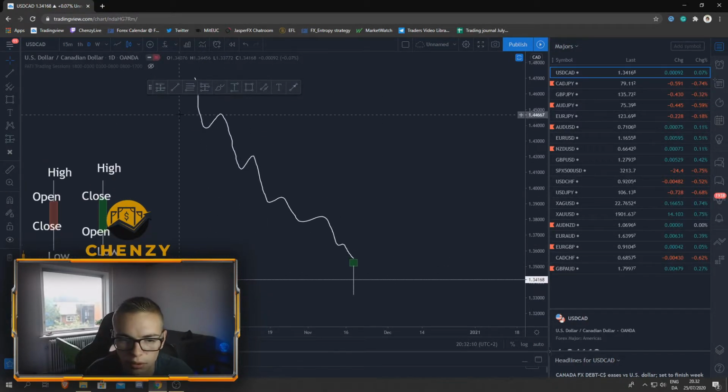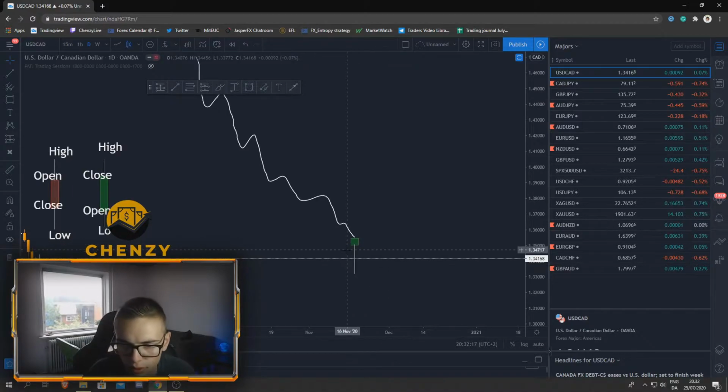And this is the downtrend. And then at the bottom of this downtrend we have this candlestick. This is a hammer. Why is it called a hammer? Because it looks like one. It has a long wick, which is representing the handle of the hammer, and then it has a small head, which is the head of the hammer.